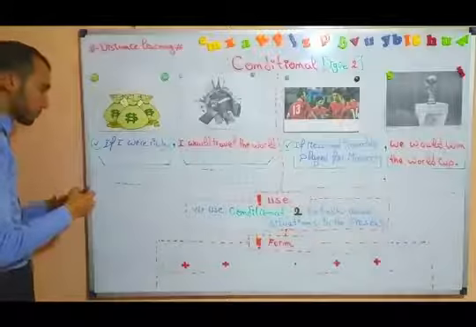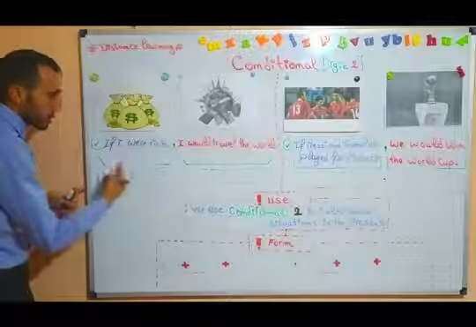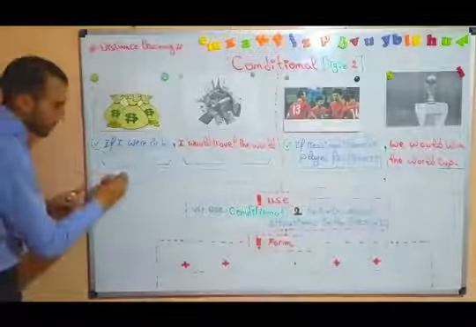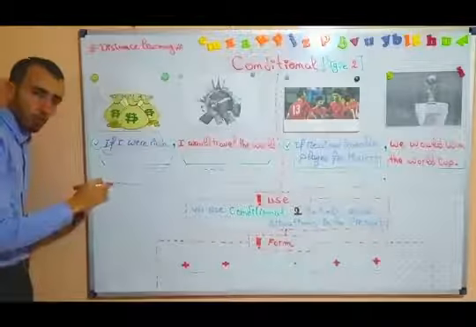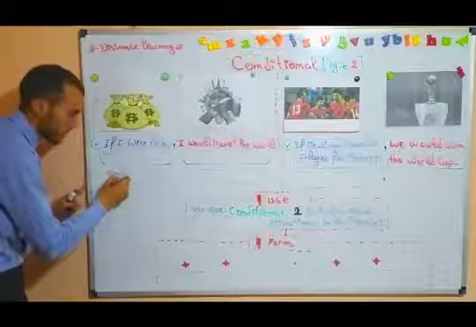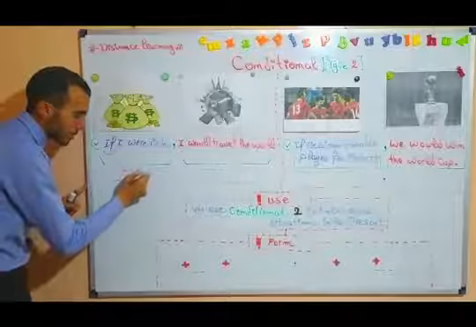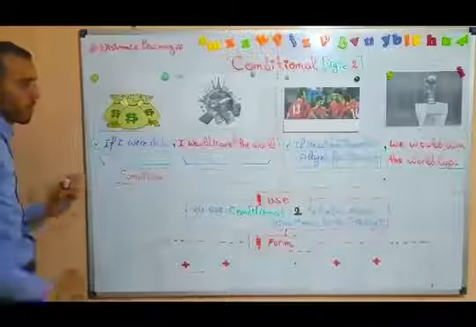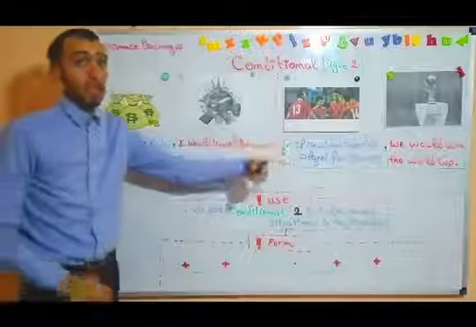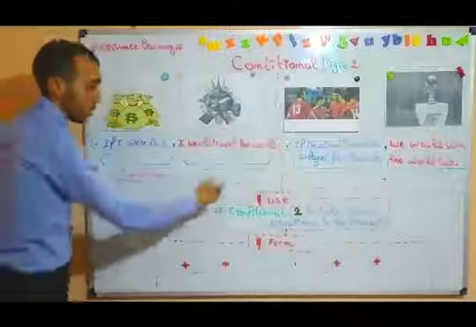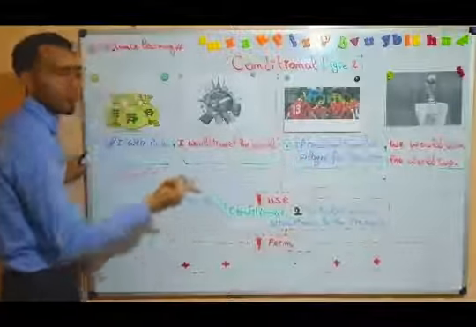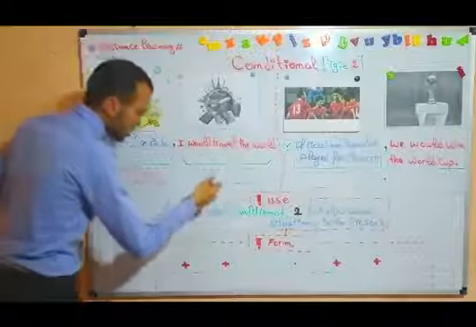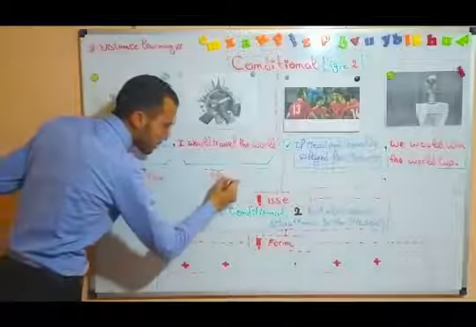The first part here with the if word is called the if clause. It usually contains the condition. And then what happens as a result of this condition? This is called in grammar the main clause, or the main part. It usually contains the result.